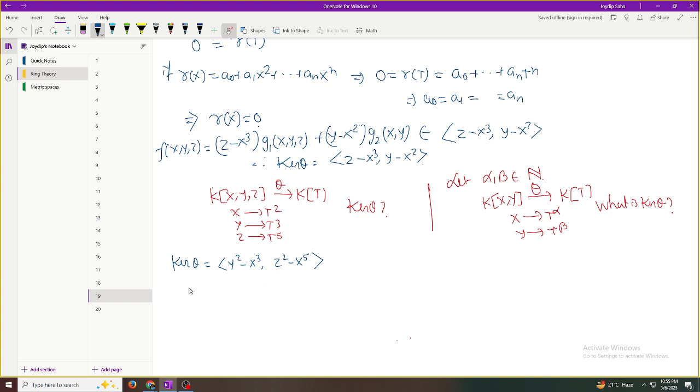It is obvious that y square minus x cube and z square minus x to the power 5 are a subset of kernel theta. That is your claim.